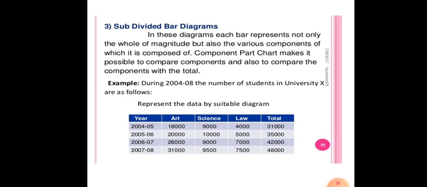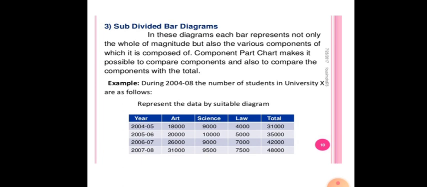A part chart makes it possible to compare components and also to compare the components with the total. This subdivided bar is nothing but the component bar diagram. One of the drawbacks of the simple bar diagram is that it shows only one variable, or one characteristic of the data.